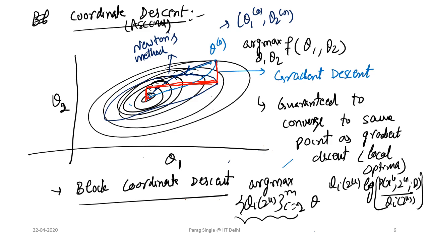So this is one block of variables, so you optimize with respect to that completely. And then once you optimize with respect to qi zi, you go to theta, which is again a set of variables, optimize with respect to theta, and you go back and forth. So this is called block coordinate descent.